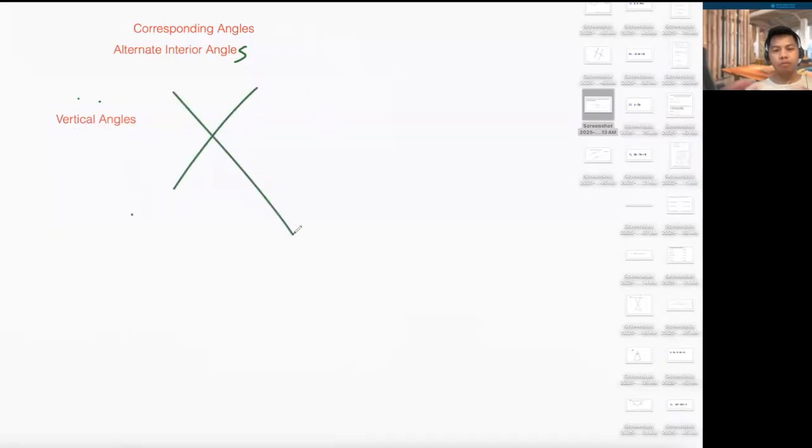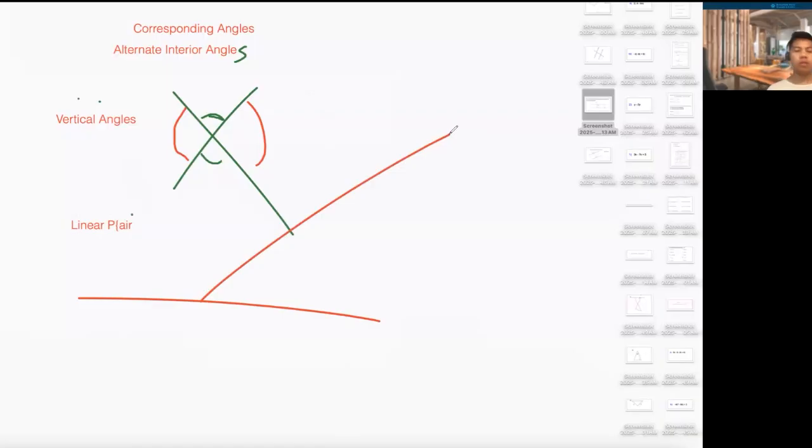If you have an intersection, two lines that intersect, the vertical angles are equal. And it's obvious, right? The green ones and the red ones are equal. Also, you know that the linear pair is, if you have a straight line, that's why linear, and then it's cut, the sum of that is 180.